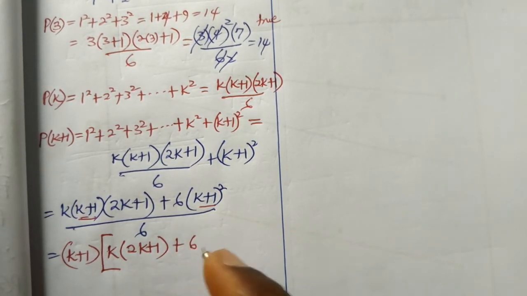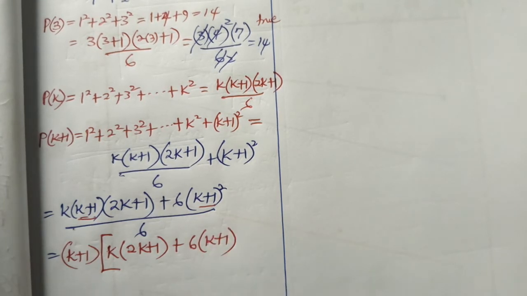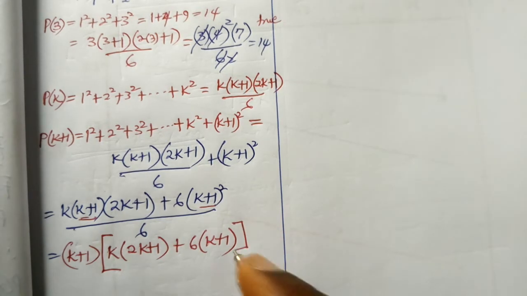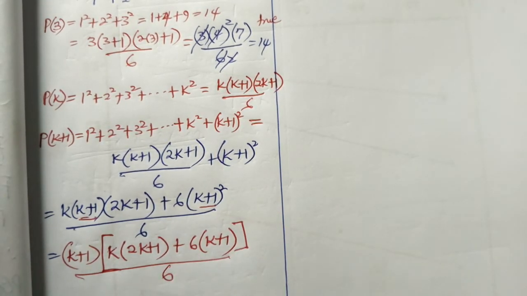plus 6 times k plus 1, that's what we will have, all over 6. So now we can multiply out.